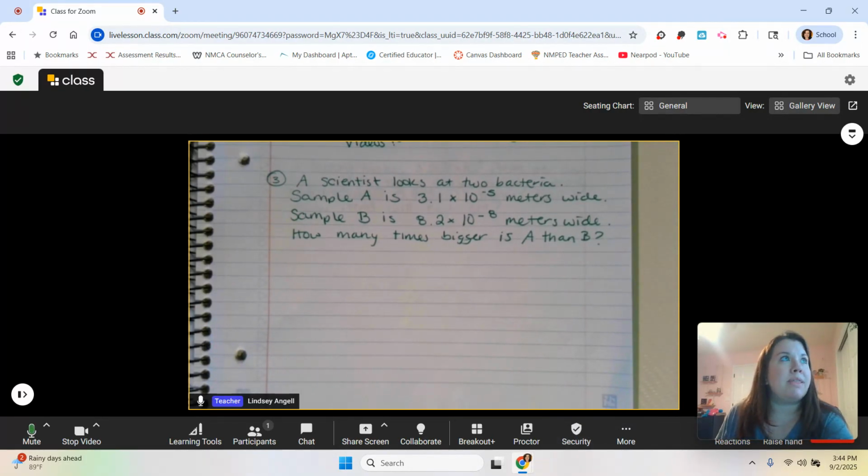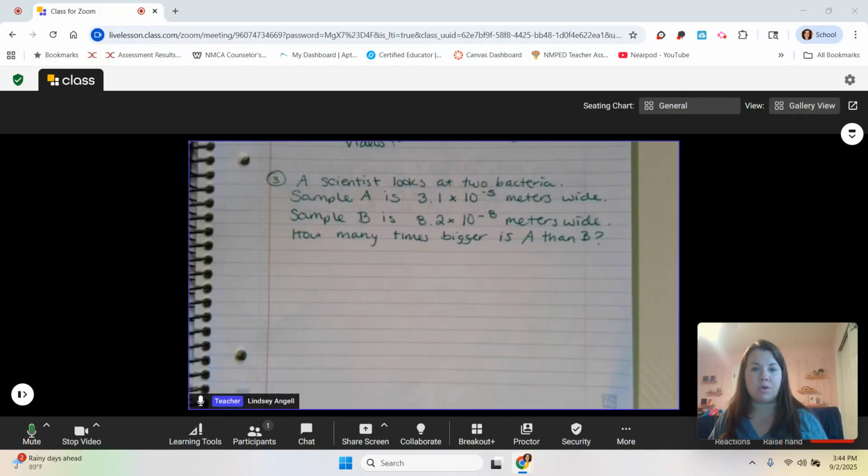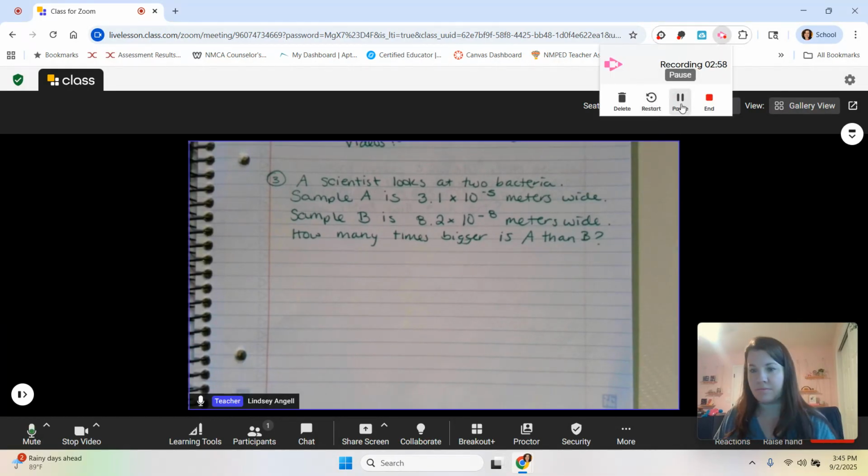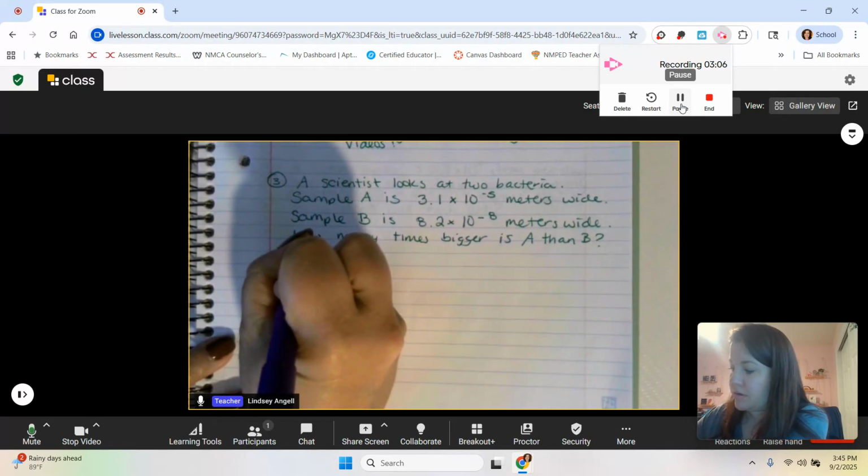With this one, we've got to think about what we need to do. To figure out how many times bigger A is than B, we are going to divide.